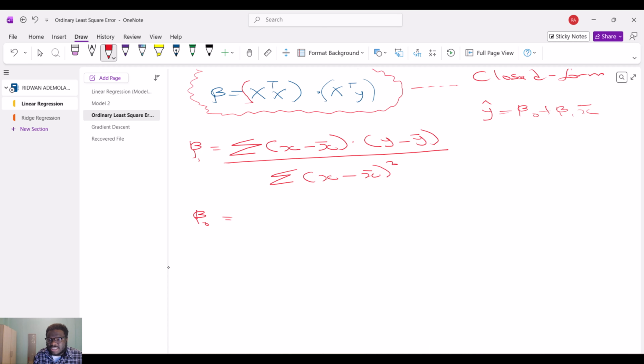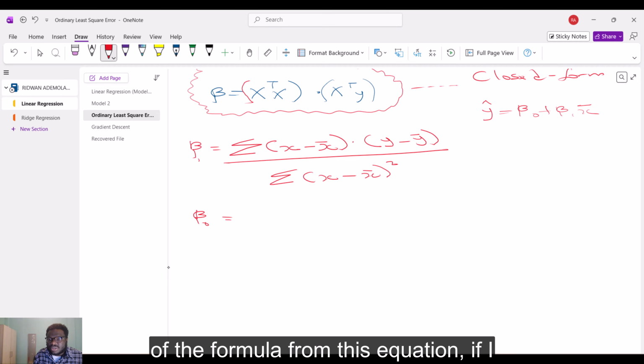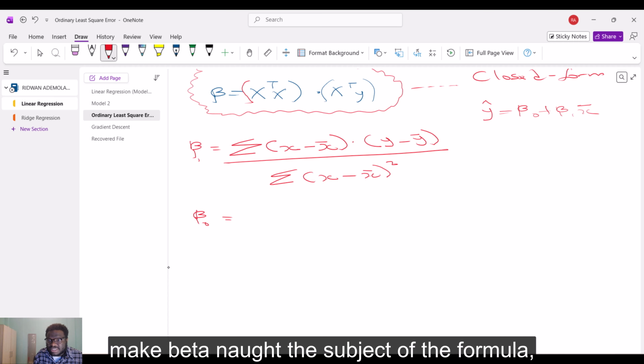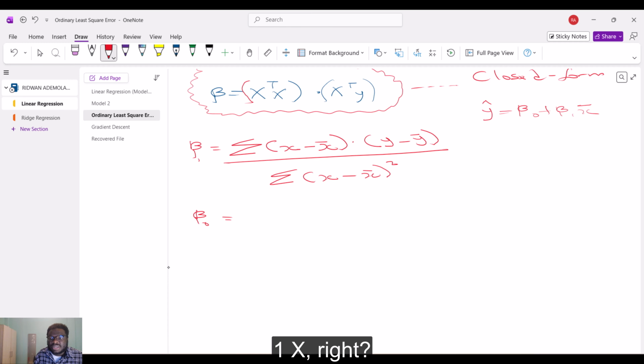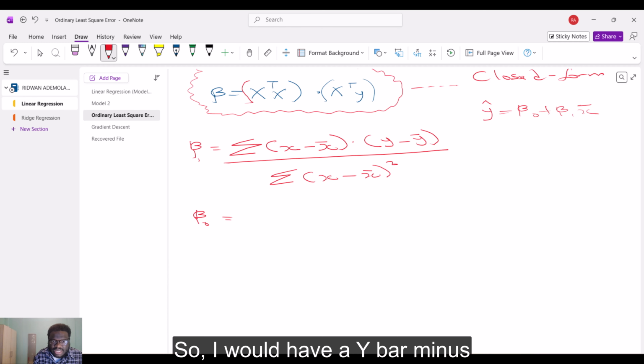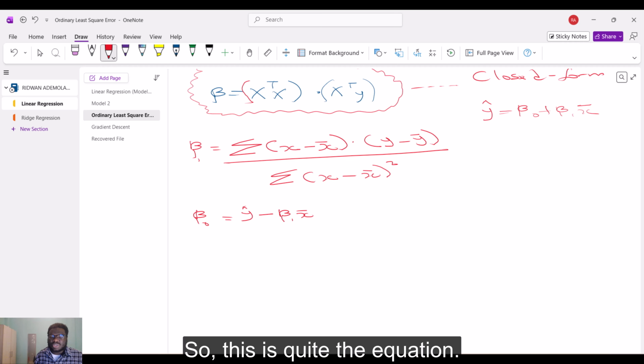This and this are constant. Now, if we make beta naught the subject of the formula from this equation, I will simply have y bar minus beta 1x bar.